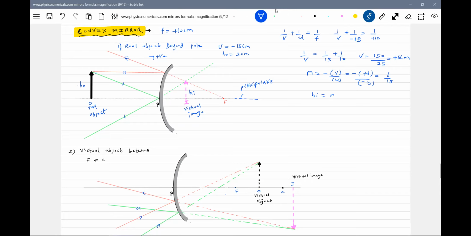Then the height of the image. See, it will be less than 1 centimeter. It will be diminished. So what is the conclusion? For a real object beyond the pole, whatever the image will be, it will be between pole and focus.